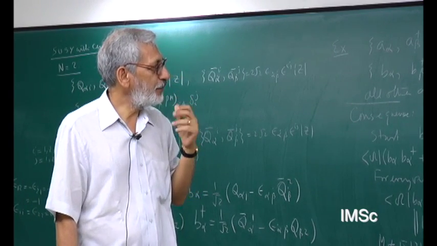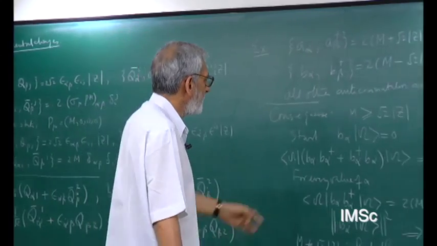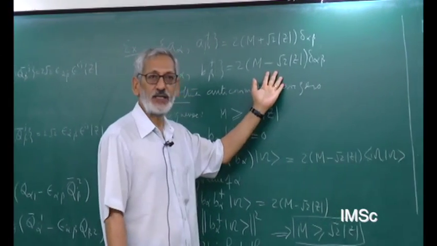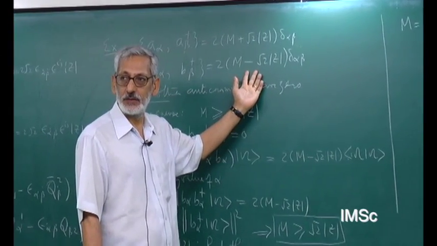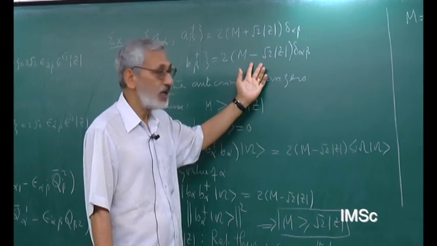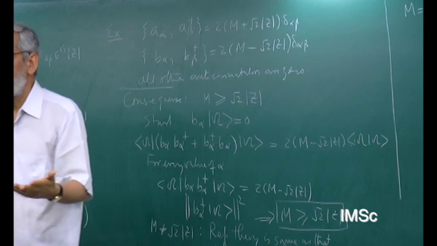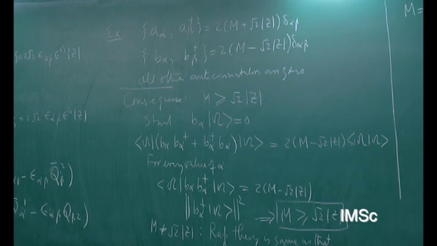So, BPS states. Now, what happens in BPS states? In BPS states, the right hand side of this second anticommutator is 0. So the B oscillators completely decouple from the theory, because all their commutators are 0.